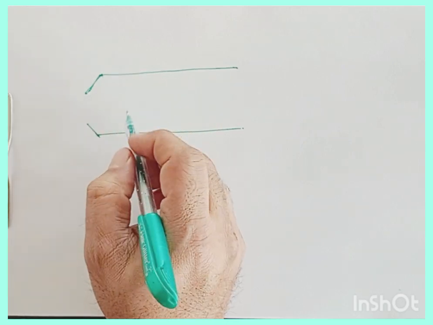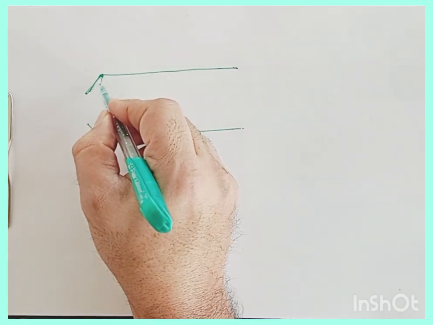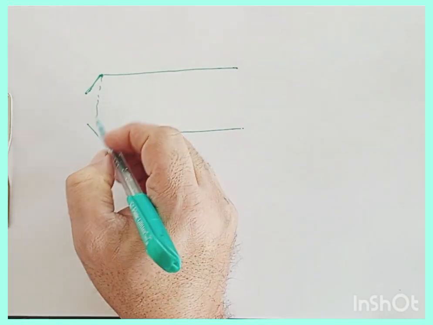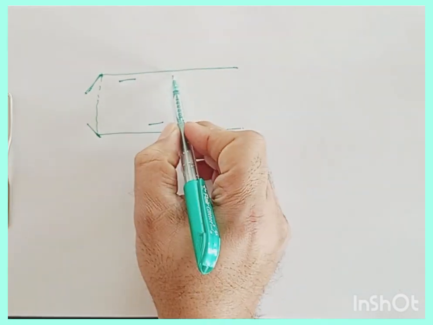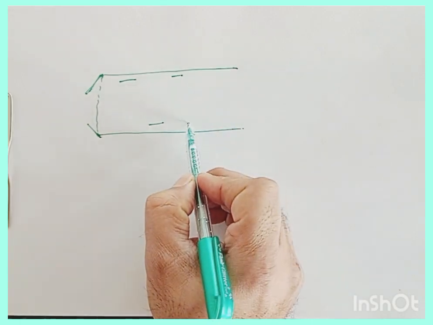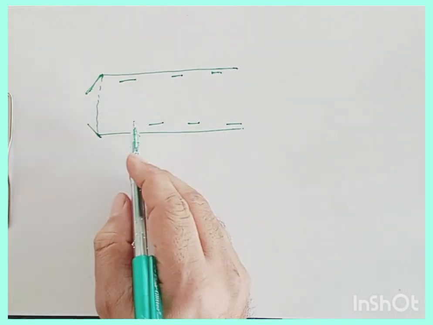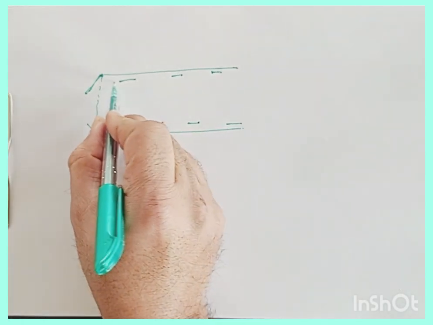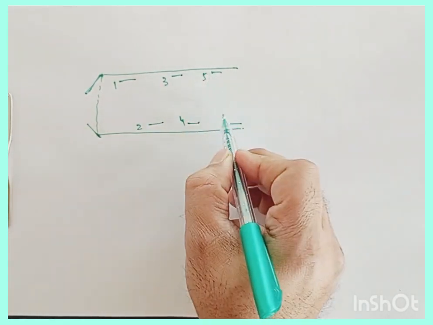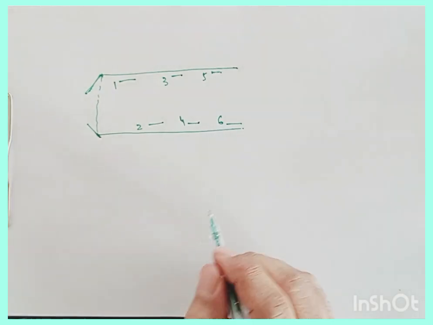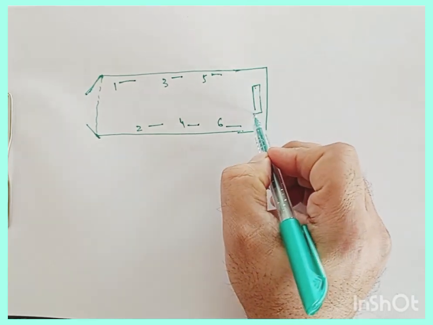It has electrodes, so say this is 1, this is 2, this is 3, this is 4, this is 5, and this is 6. Let me name them 1, 2, 3, 4, 5, 6. And then here we have an anode.